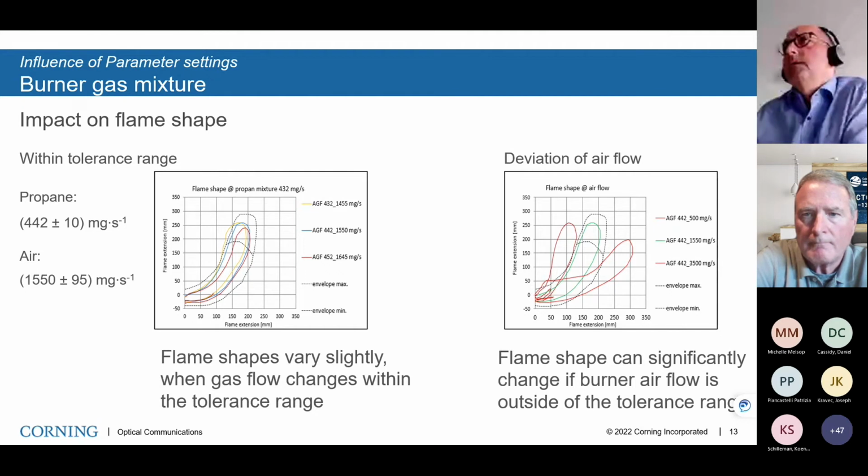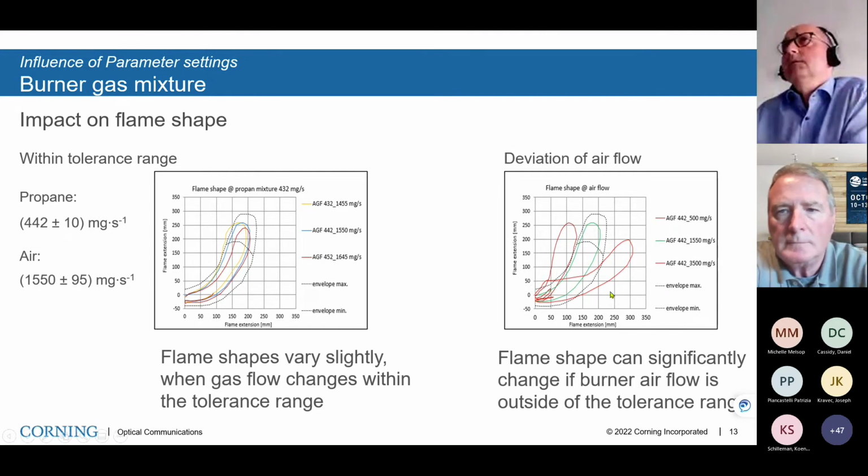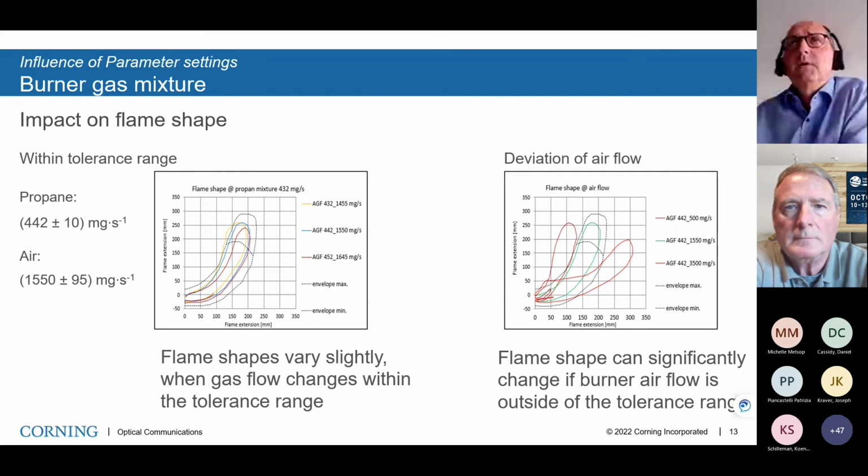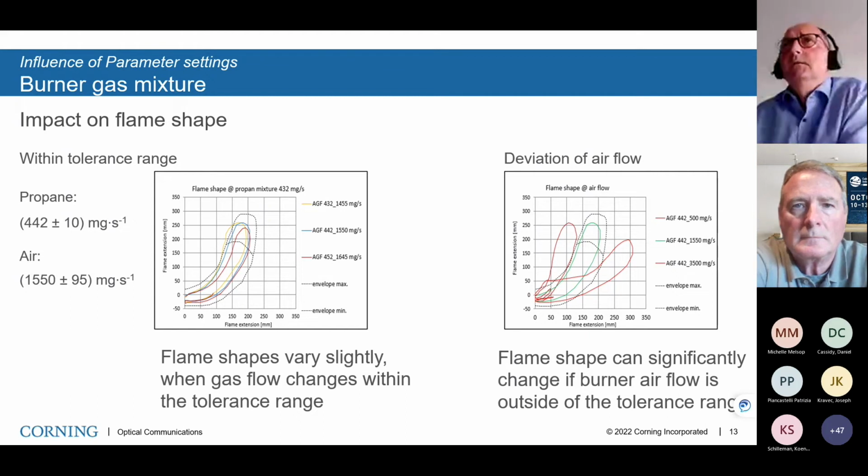Once again, if the air is not correct due to any leakage, for example, this cannot be checked by the daily check. That is why you need to control the power of the flame, because here just the propane contributes to the power of the flame, not the air.